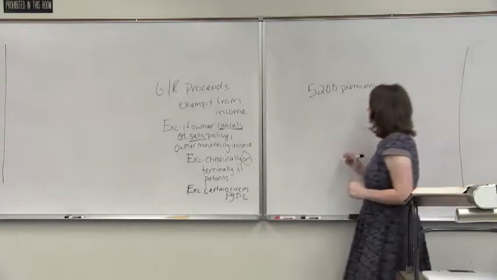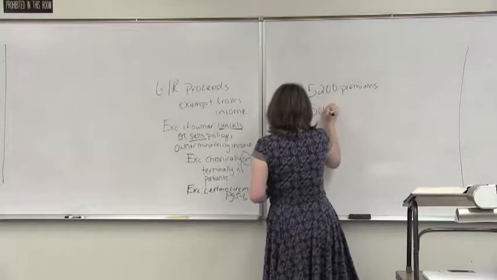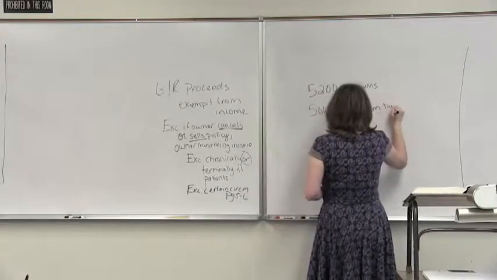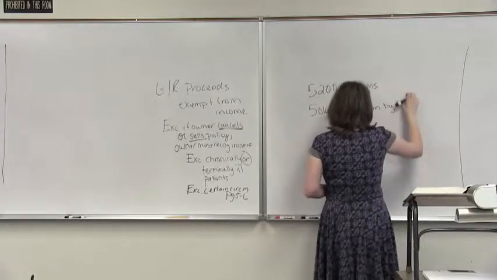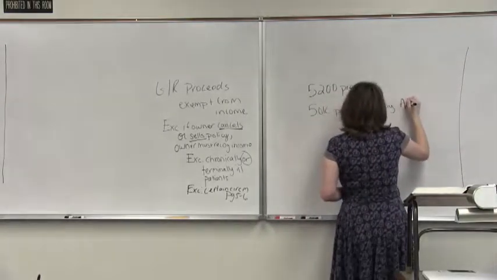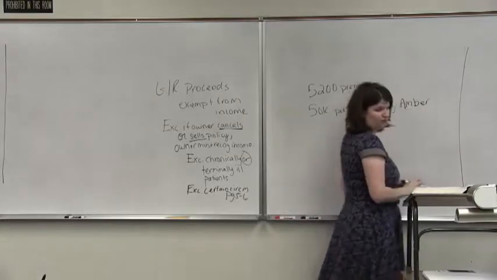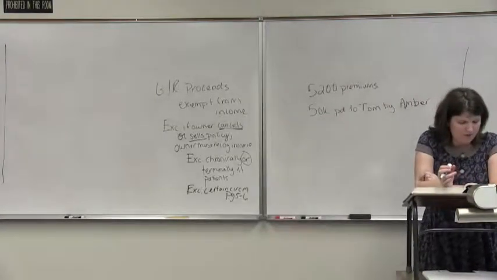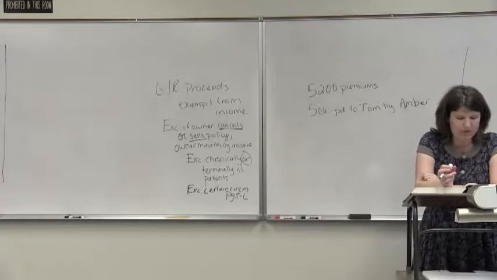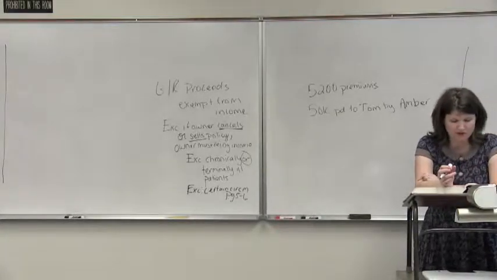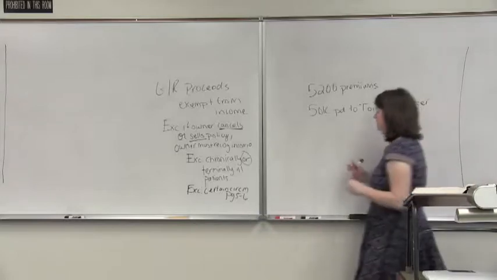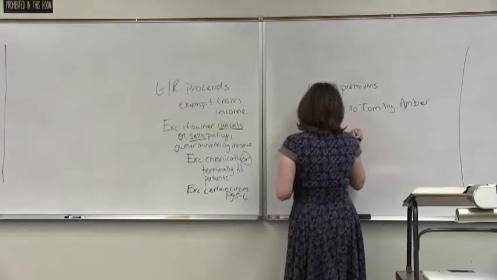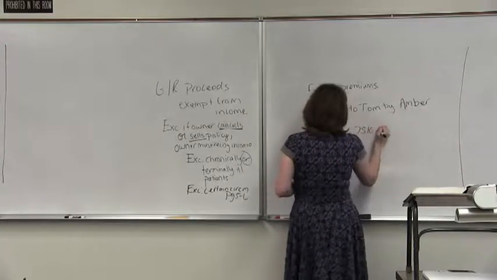Amber paid him $50,000. Okay. When Tom died 6 months later, Amber collected the face amount of the policy, or $75,000. Okay? So Tom dies, $75,000 is paid.